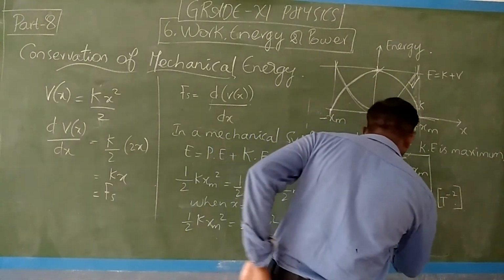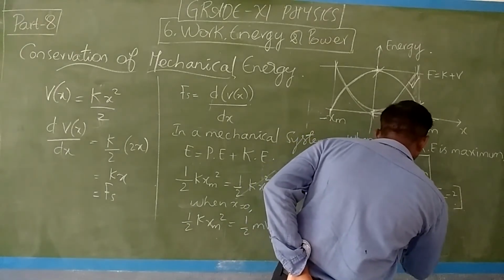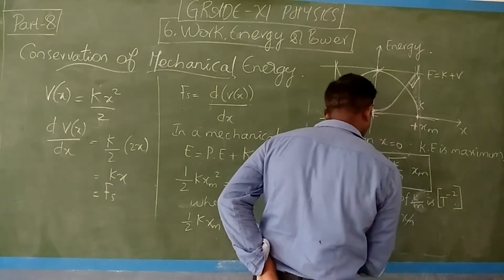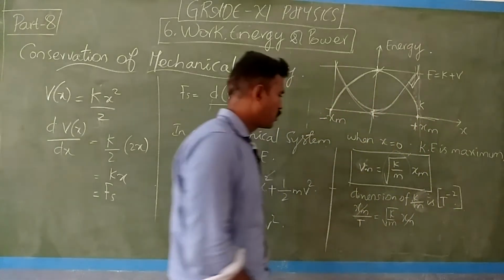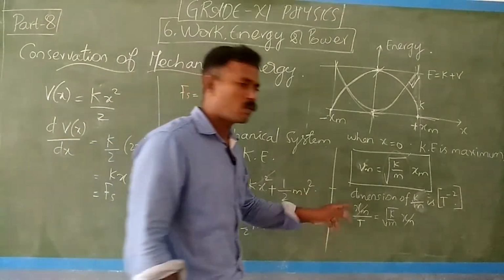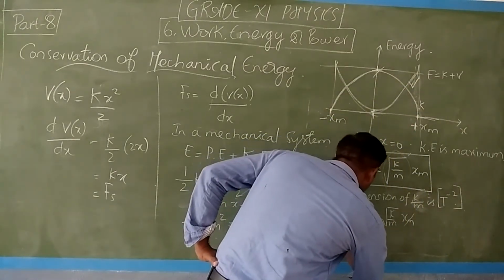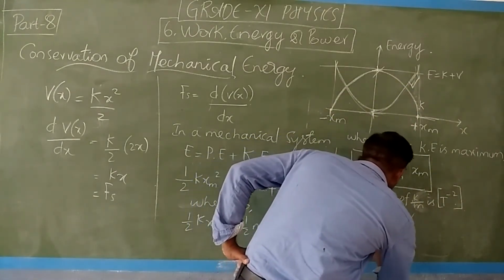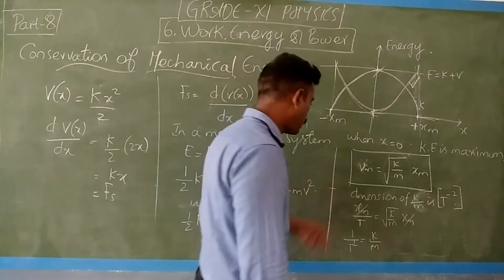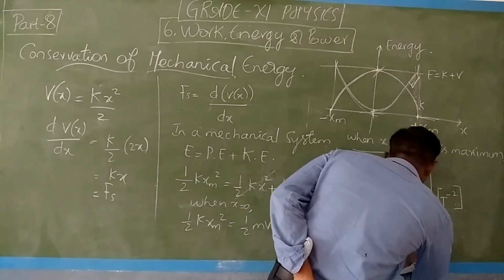And I do have here the square root of k by m, x m. So x m cancels. And now when I square on both sides, what do I get? 1 by t square equal to k by m. So then obviously what I get is T power minus 2.